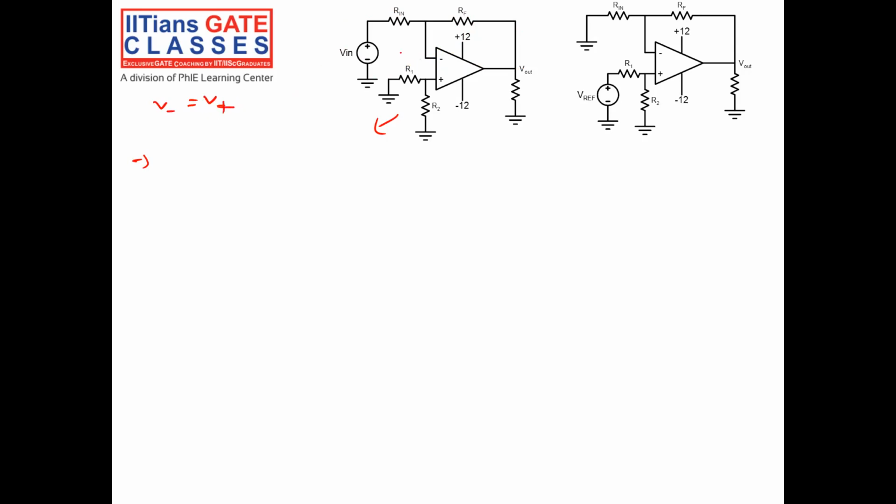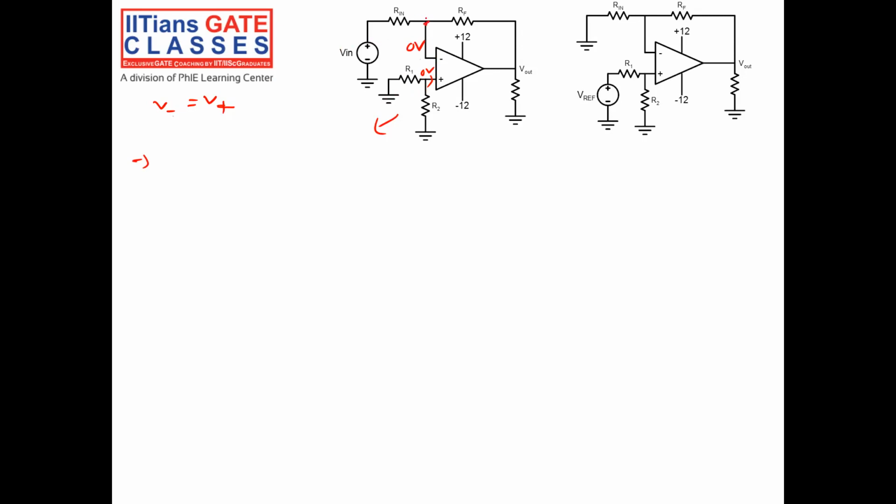This will happen when the op-amp is in negative feedback, right? Now we have to calculate the V out only when V in is present. Since the current into the ideal op-amp is 0, and this is ground, this is also 0 volt, right?